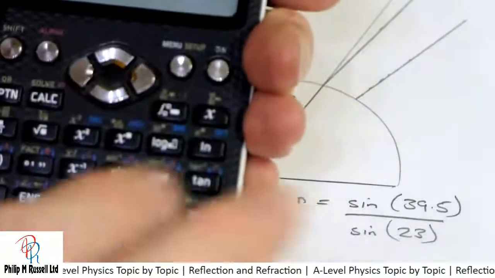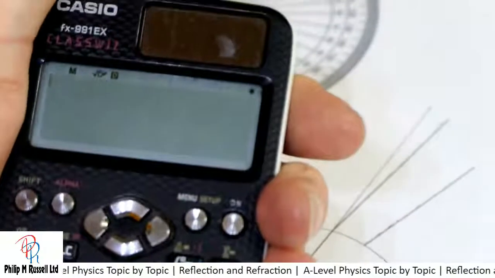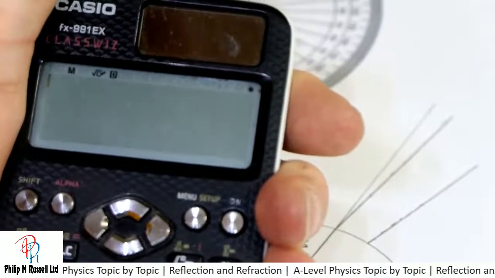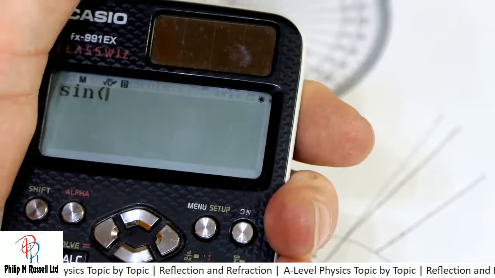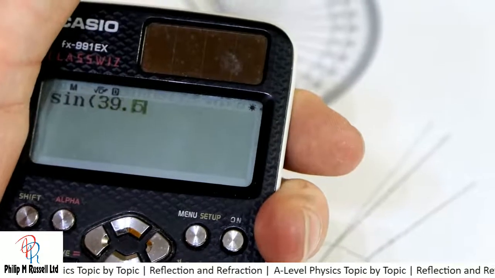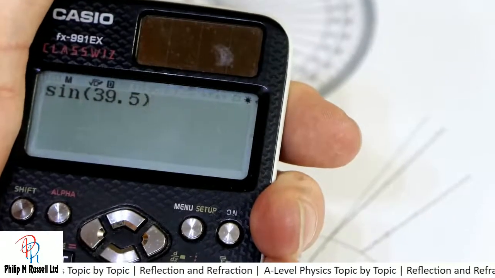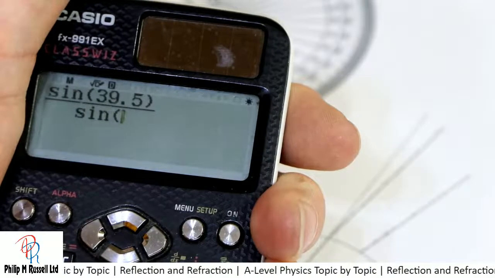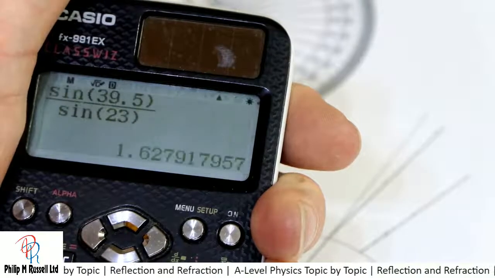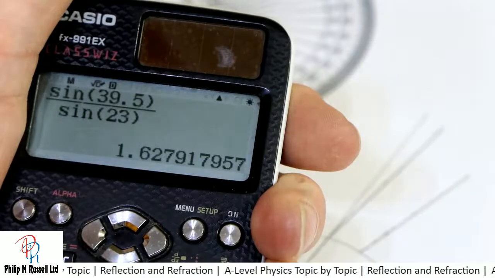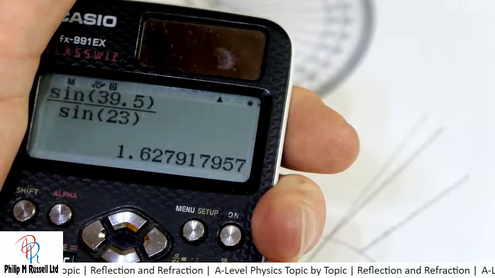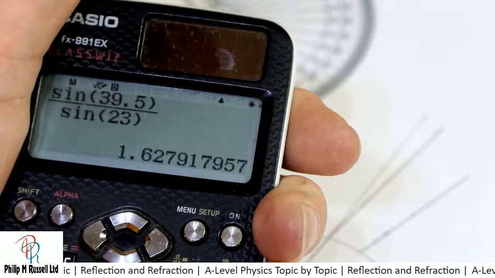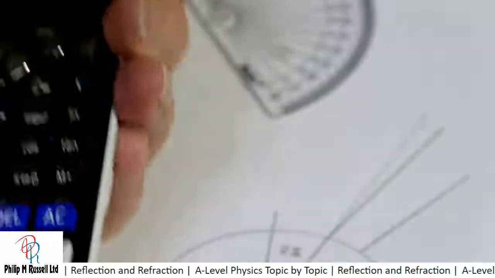Out comes my calculator again, and you should be able to see I've got the sine of 39.5 over the sine of 23, and that should give me here 1.62, which is more or less the same as glass.